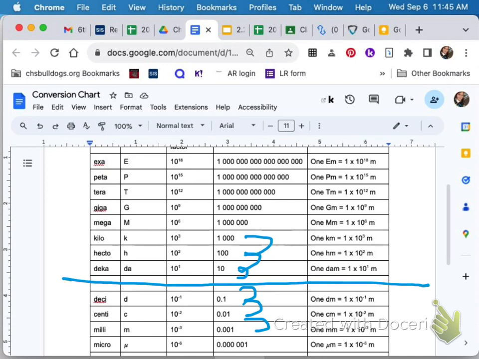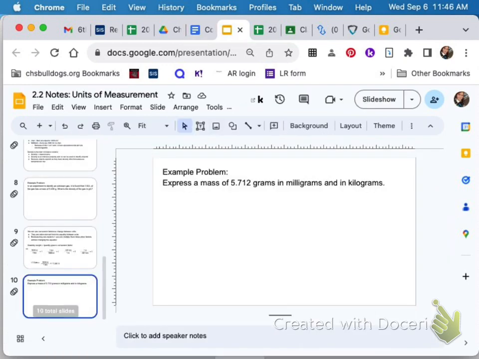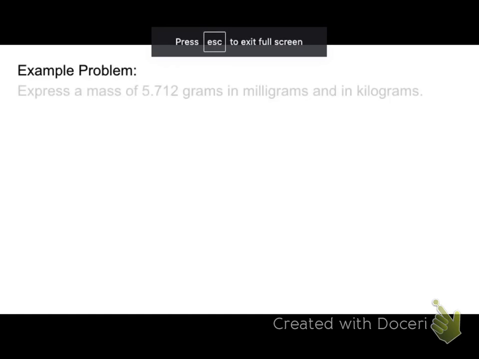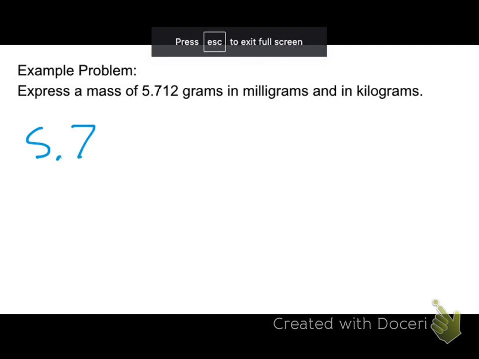So hopping back over to the example problem, we're starting with 5.712 grams, and we want to end up with milligrams.